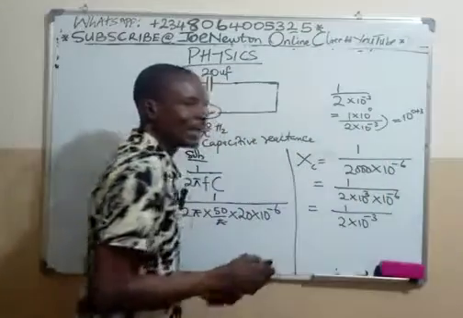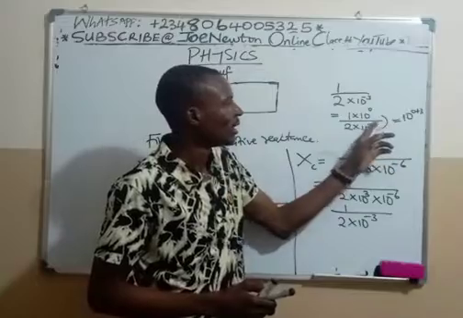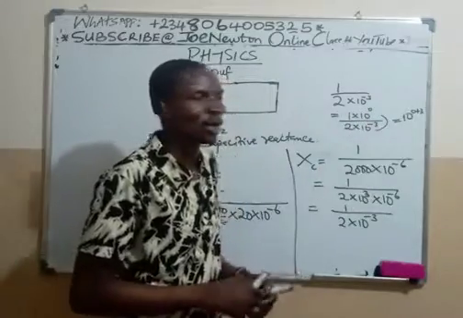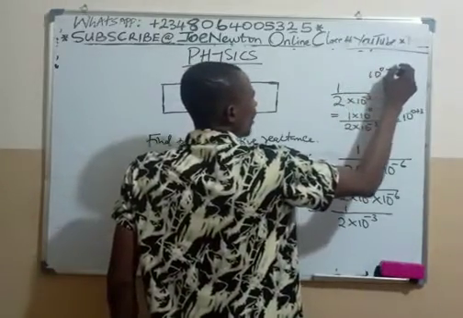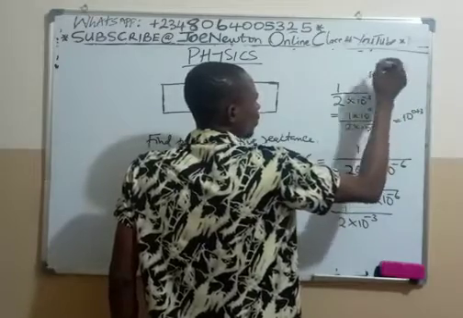Remember that the quotient line here means division. And 10 raised to the power 0 minus minus 3 becomes plus 3. If you have 10 raised to the power 0 minus minus 3, it becomes 10 raised to the power plus 3.